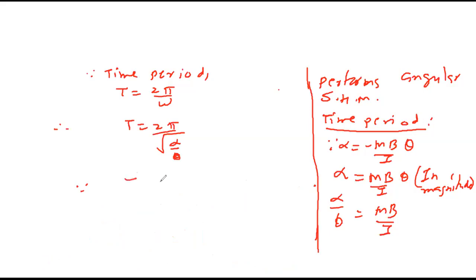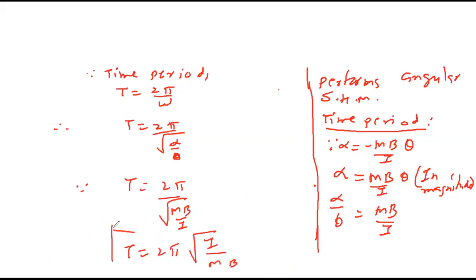So T equals 2 pi upon root of mB by I. Therefore, T is 2 pi root of I upon mB. So we got the time period of the vibrating bar magnet, 2 pi root of I upon mB.